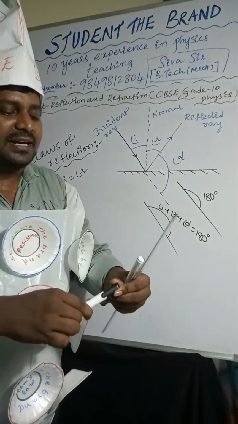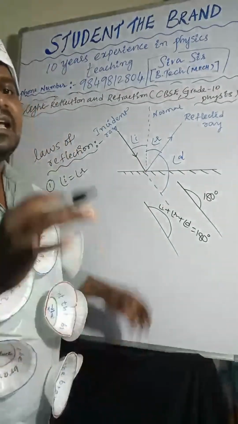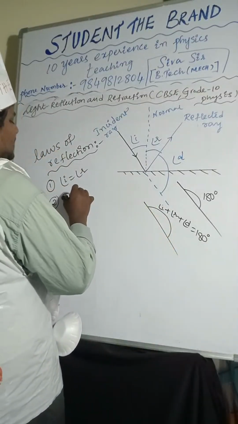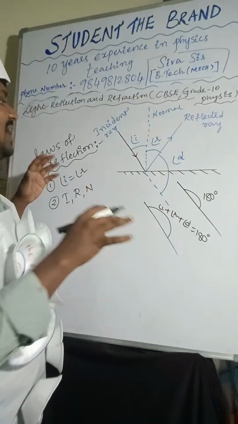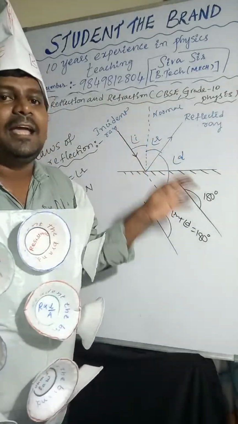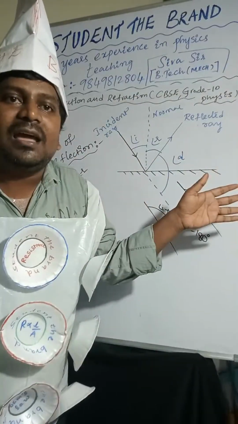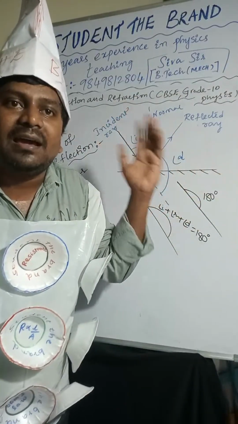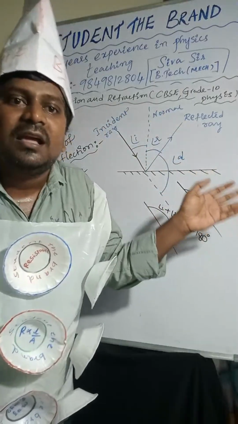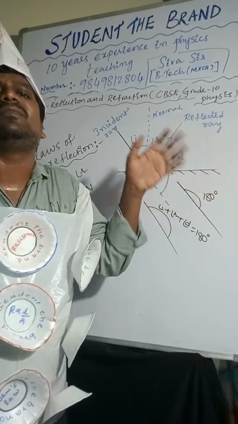Incident ray, reflected ray, normal line lie on the same plane. Angle of incidence is equal to angle of reflection.